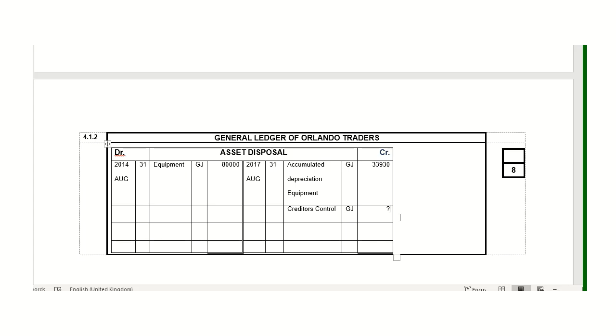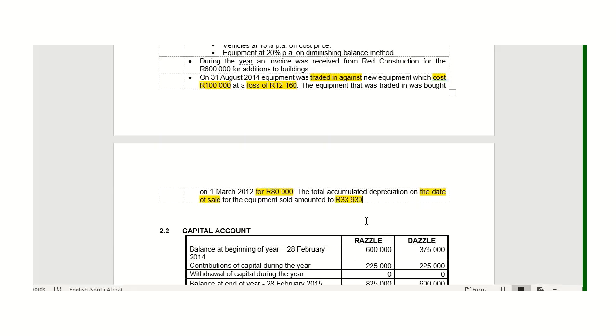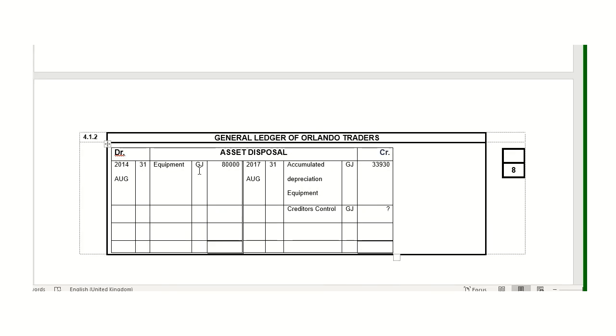I'm not concerned. Maybe I've got all the other information, because the only other thing I need is either the profit or the loss. And there they tell me the loss was 12,160. If it's a loss, it means this is what it's worth. This is what we receive for it, the credit side. So it means this side would be less than that side if it's a loss. So a loss would be on the credit side. Another way to look at it, if I'm going to credit this account, I need to debit another account.